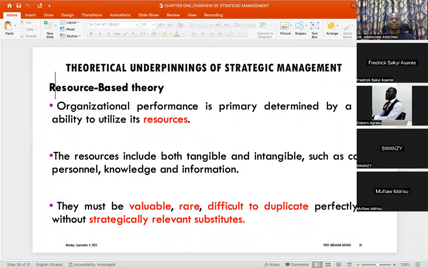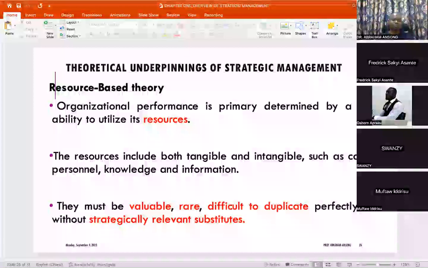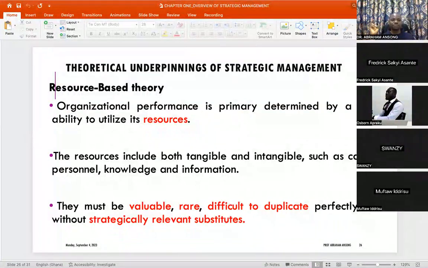So basically, for you to get an edge from a particular resource, it must be valuable, it must be rare, it must be difficult to duplicate, and it must be strategically relevant. It should be such that they cannot find a strategically relevant substitute for that resource. So what do you think? What type of resource or resources in the organization will meet these criteria?